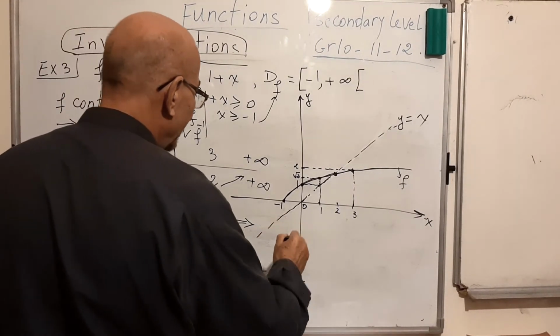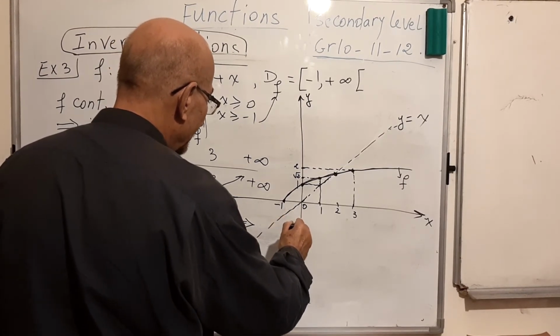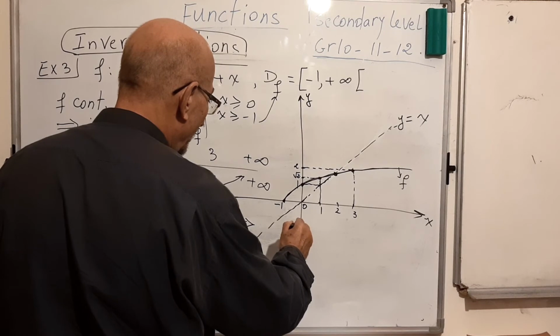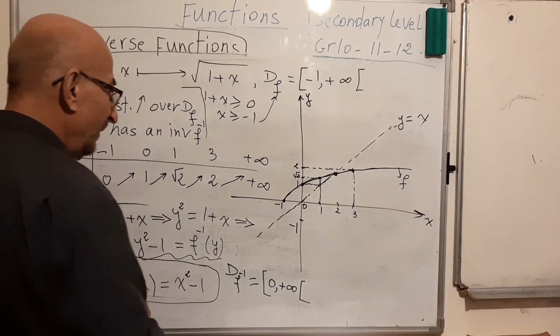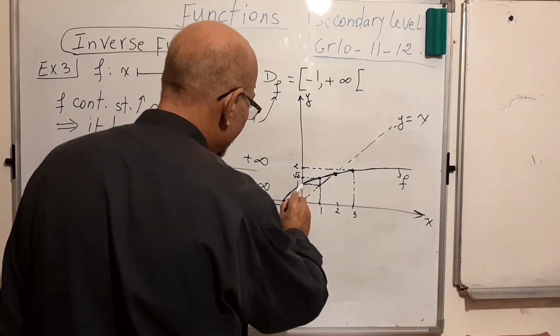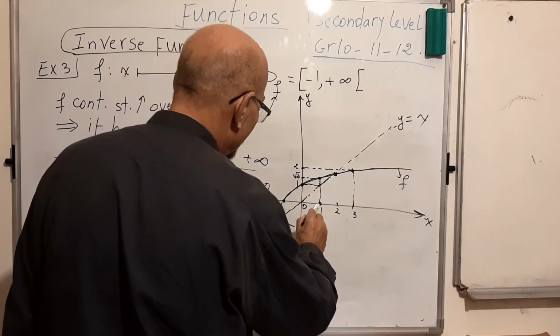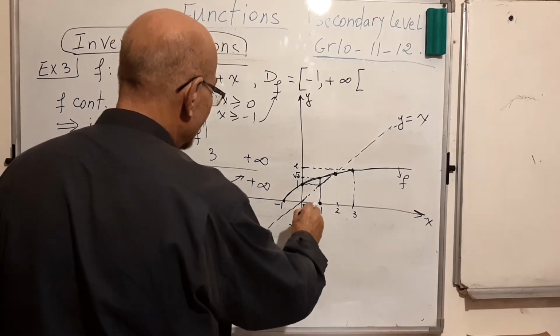The symmetric of this point is the point on the y-axis of ordinate -1. The symmetric of this point is the point (1, 0); the symmetric of (0, 1) is (1, 0).